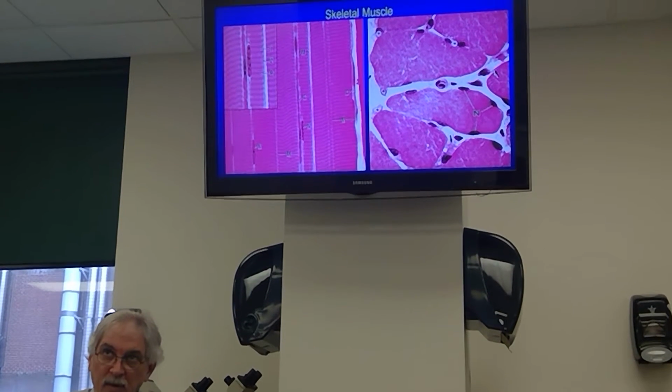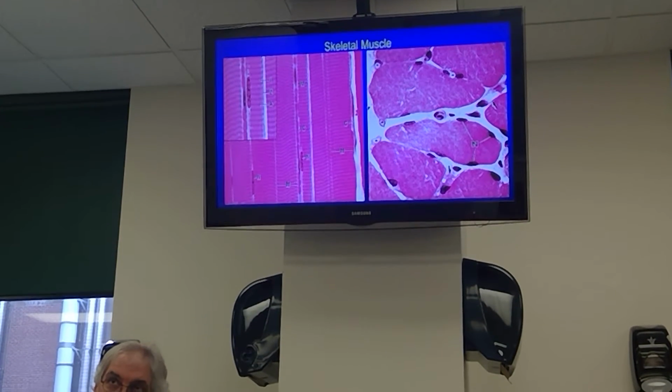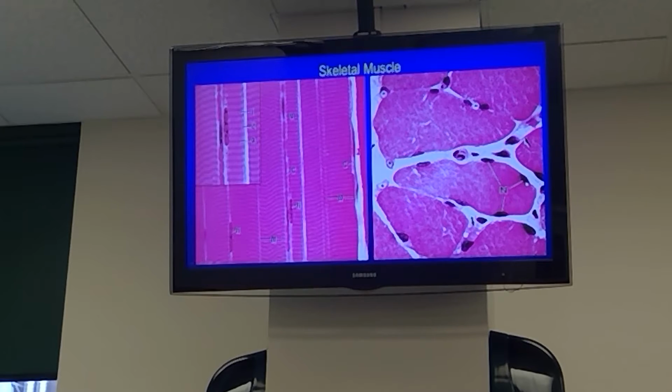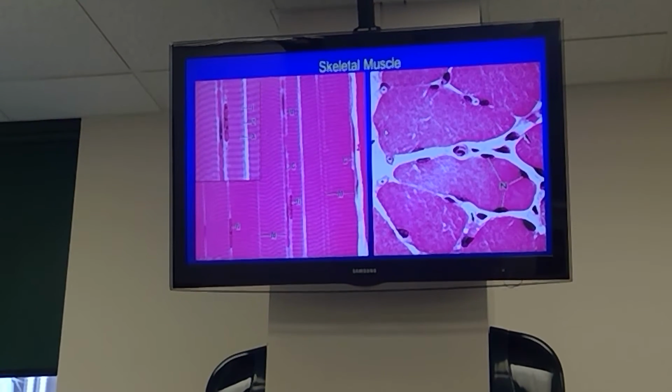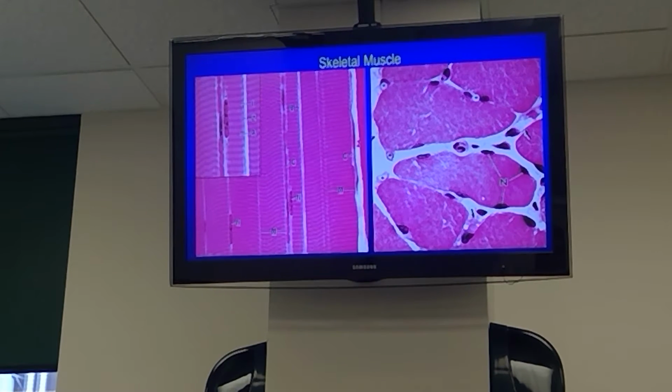So that means in a cross section, which is what you see here, you've obviously got cross sections of skeletal muscle fibers. Multinucleated nuclei lie at the edge or periphery of each fiber. And the things marked by the asterisks are cross sections of capillaries, which makes sense. There is a little bit of connective tissue among these muscle fibers.